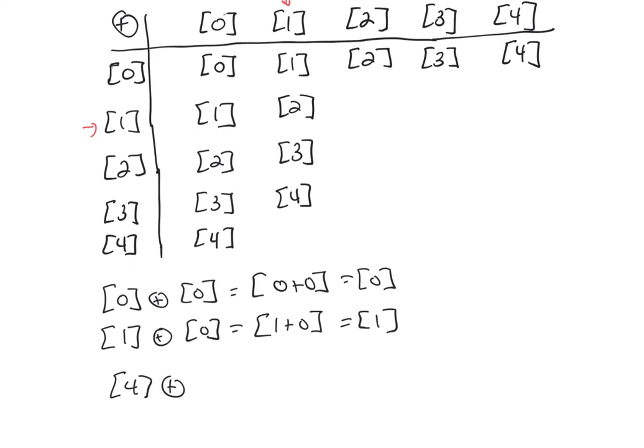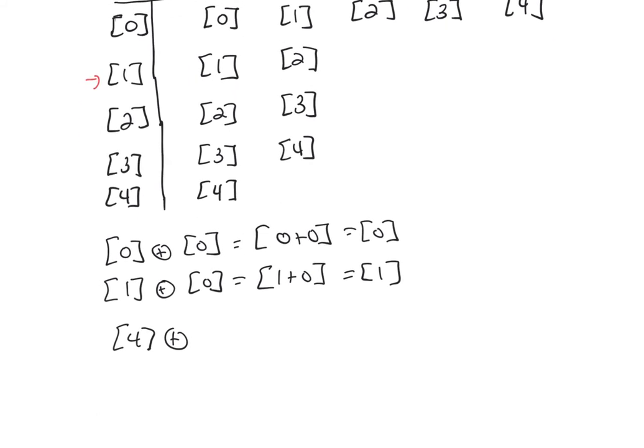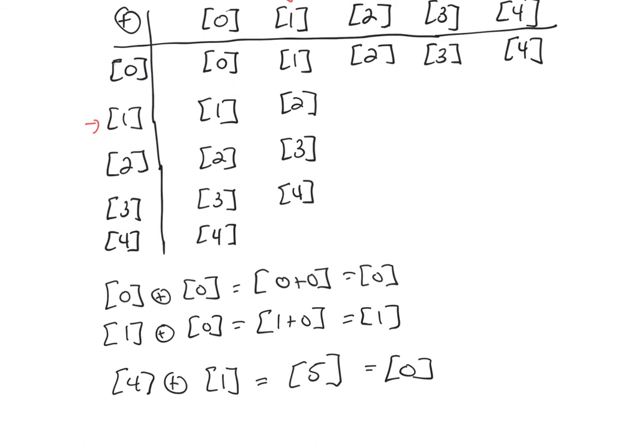You always add the one on the left plus the one on the top. You get 5. But remember, we're working in Z5, and so we need to reduce this down. What's my remainder when I divide 5 by 5? The remainder is 0. So you're going to get the equivalence class of 0 here.